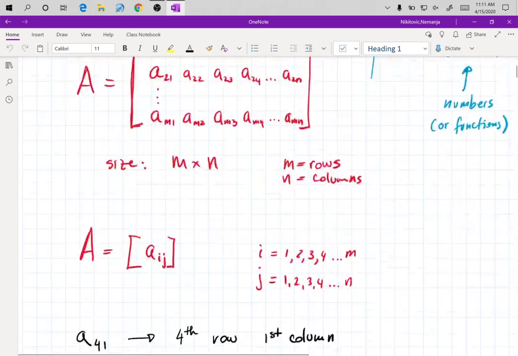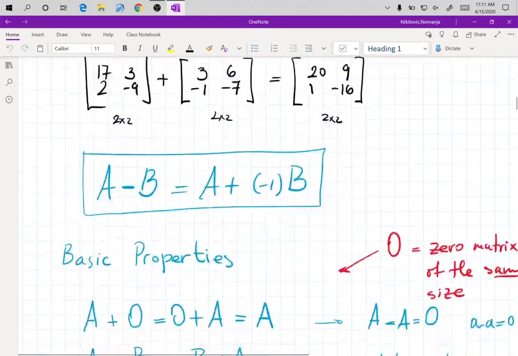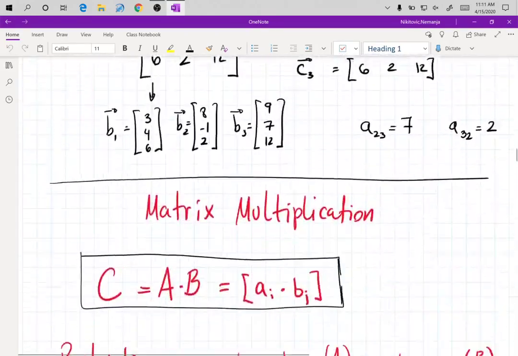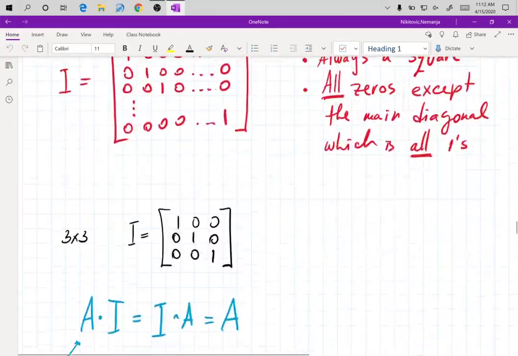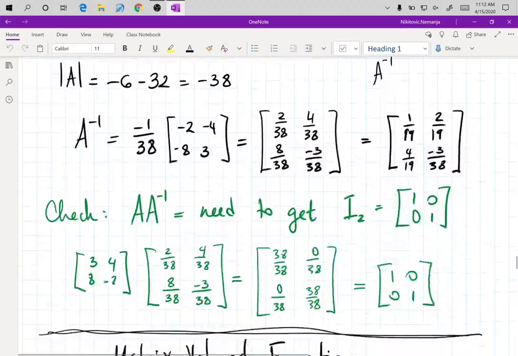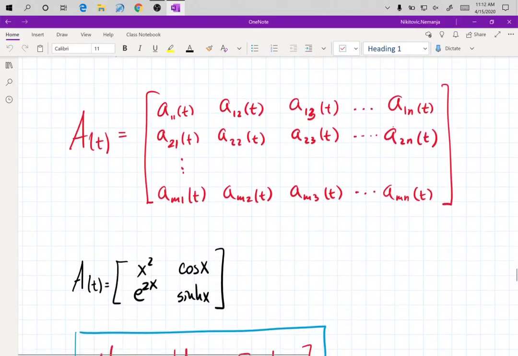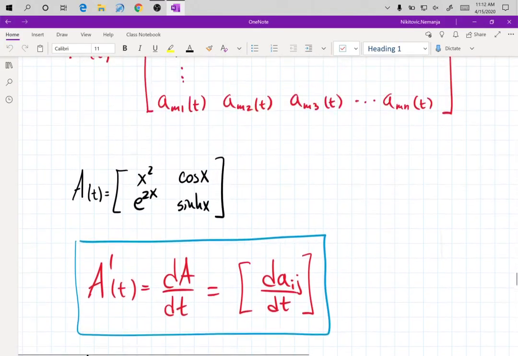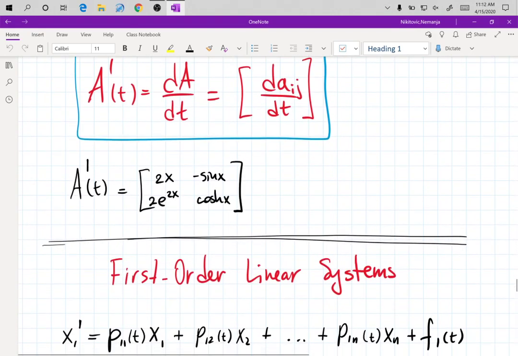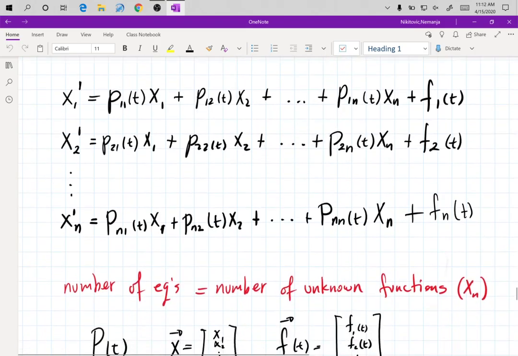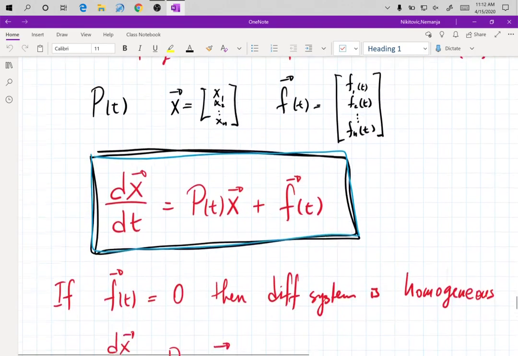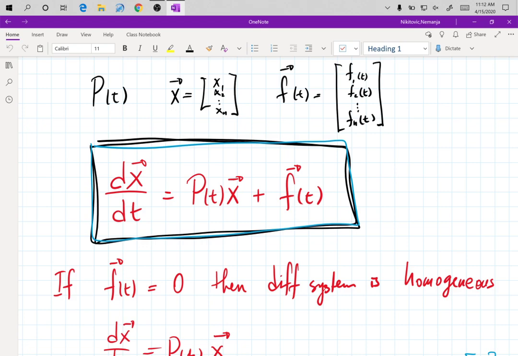So all of this stuff, including the zero matrix and multiplication of matrices, leads us into having matrix valued functions, where we can plug functions inside instead of numbers, and then the derivative, which allows us to take our first order linear systems and write the differential equation the way we're used to, except now we have vectors and matrices.